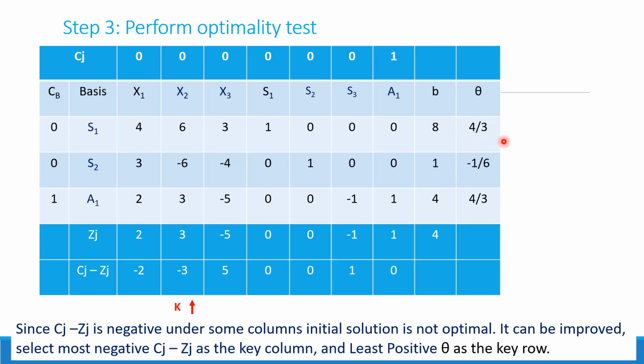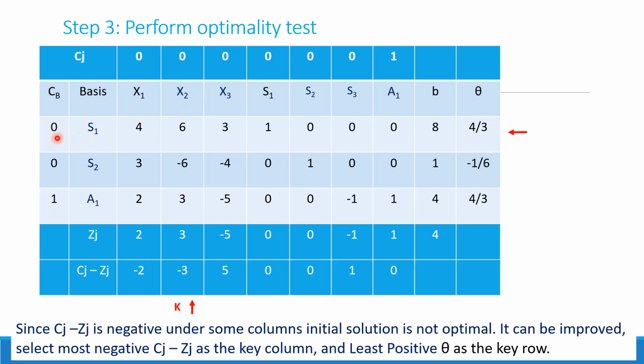We select the first row as a key row, because we want to explore the various cases of the two-phase method. That's why we are using this particular row as a key row. So S1 will get removed now and X2 will replace it.